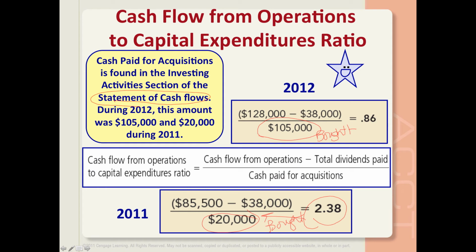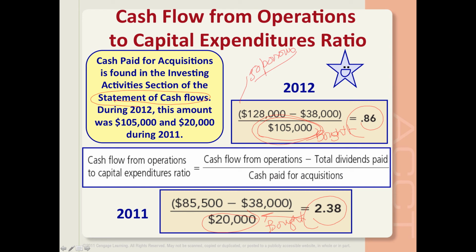In 2012, the ratio shows that Robin generated cash from operations to cover only 86% of the capital assets needed. So what this would tell you is they needed to go out and borrow money. By doing this, they don't have enough cash from operations to cover the assets they need.